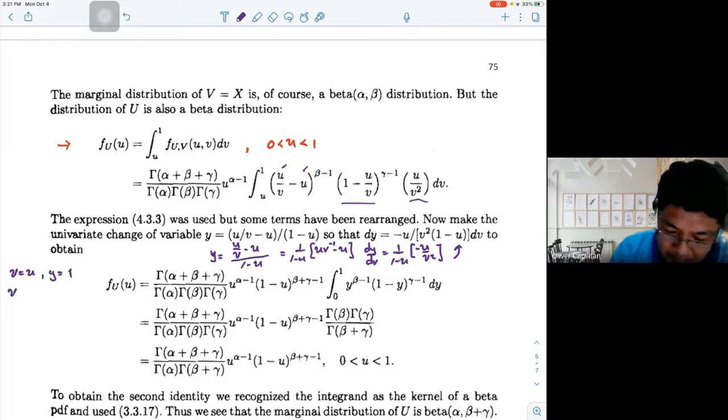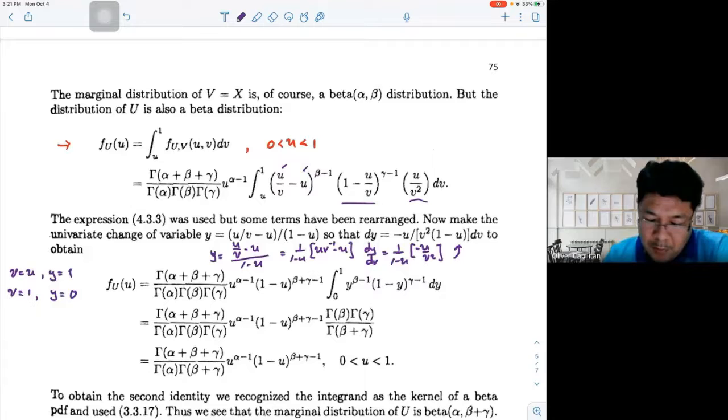If v will be equal to 1, then y will be equal to 0. Take note, this u is the lower limit of our integration, and our 1 is the upper limit of integration. But when we look here, y is equal to 0 because we changed variable in the limits of integration, and the upper limit of integration is equal to 1. It's because of this negative value here. Okay?